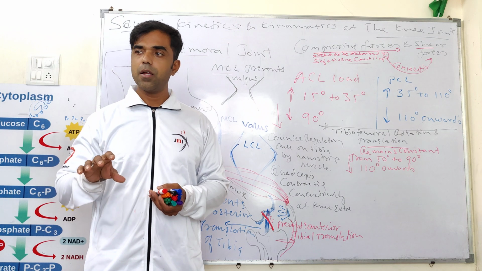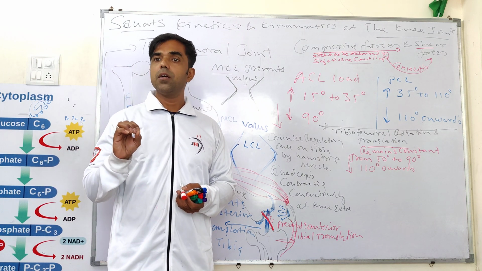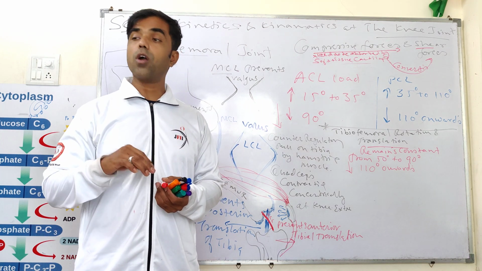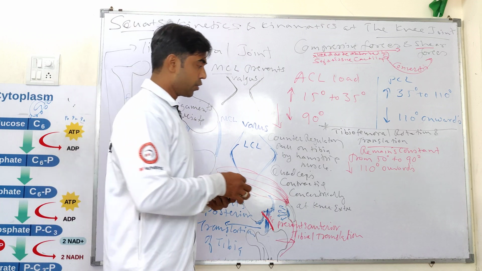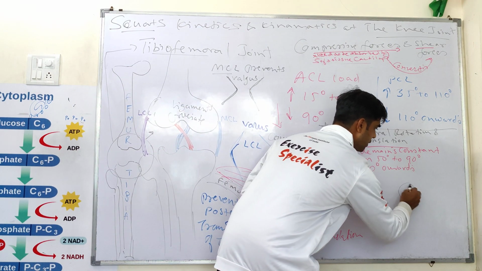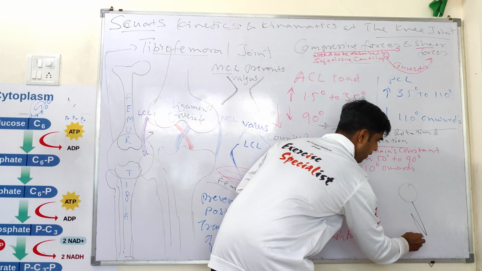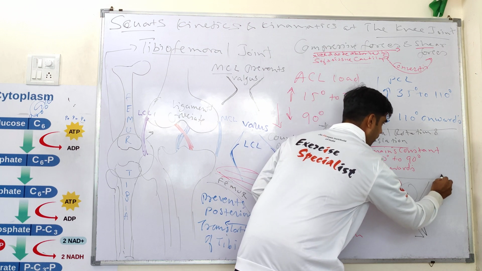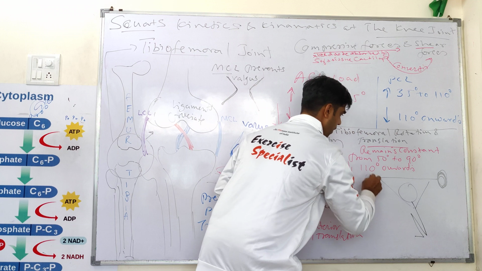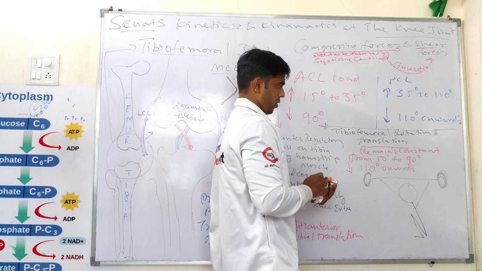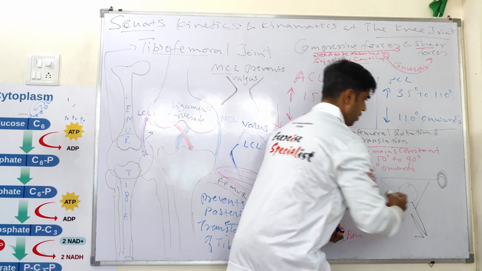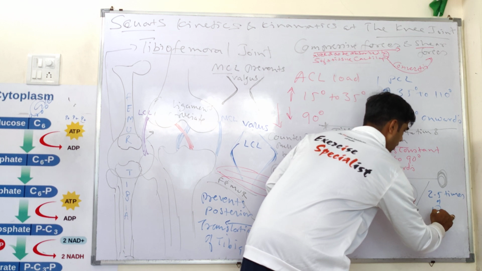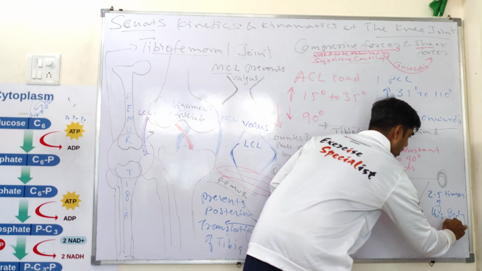There is a study of a power lifter who lifted a weight which is 2.5 times his body weight, and what were the forces generated? Let's understand. Suppose a person is squatting here, right? He has lifted 2.5 times his body weight, right?